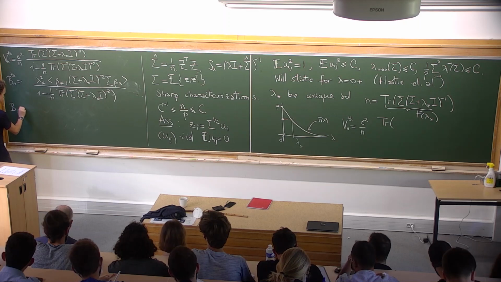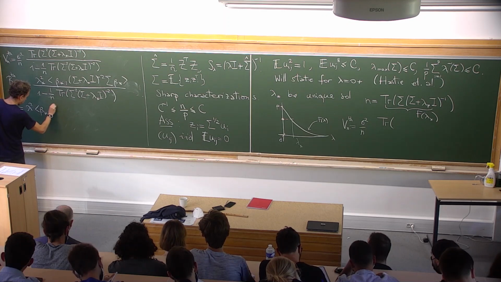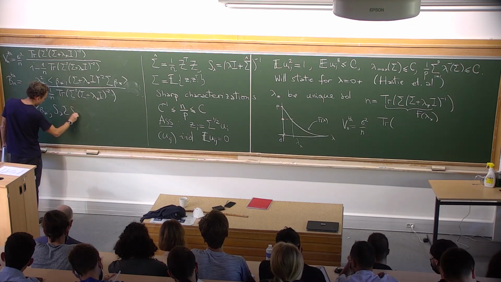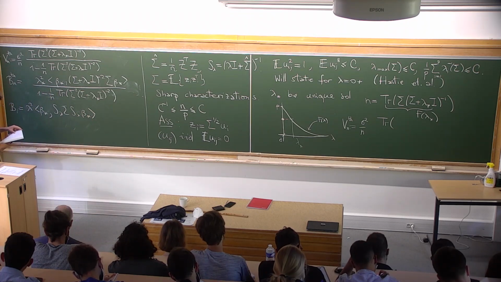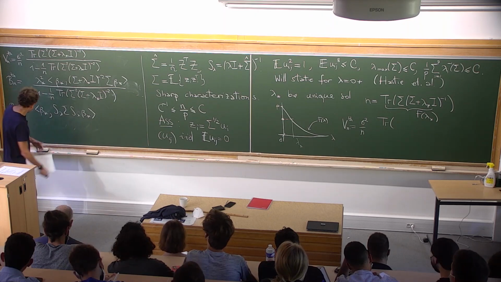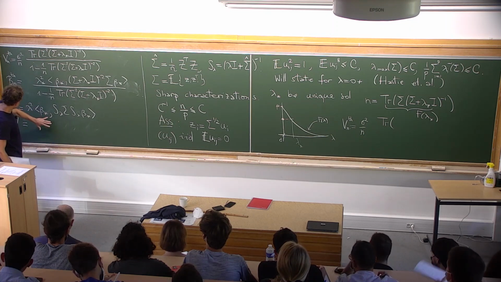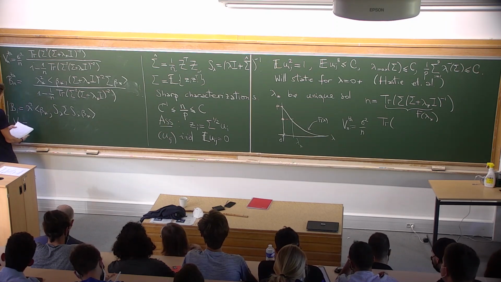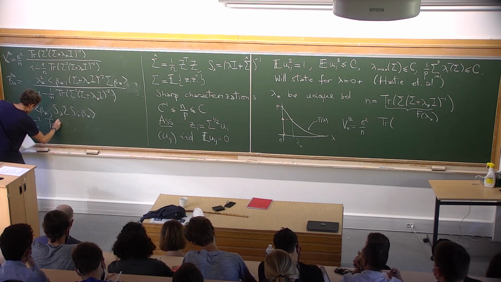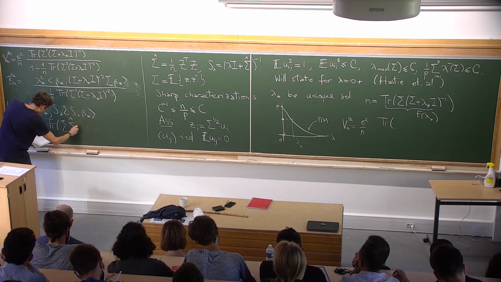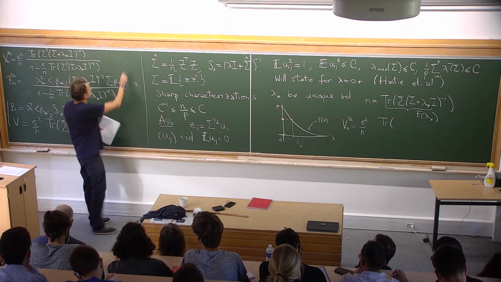This is B. Let me write just at least this. So here there are the real bias and variance, and this is the prediction for them.